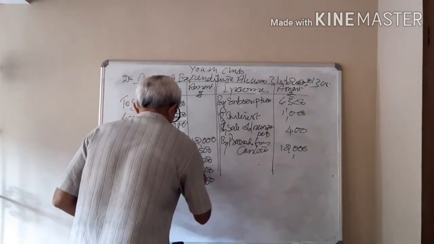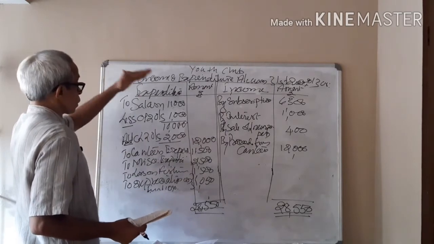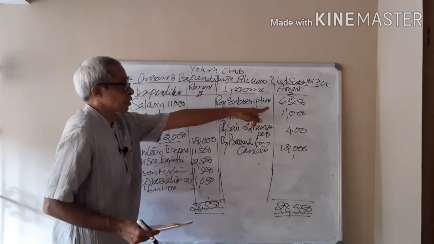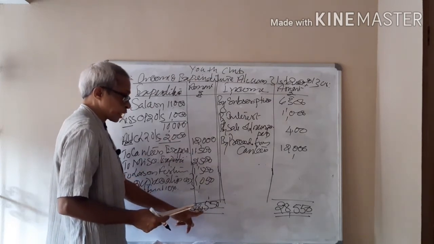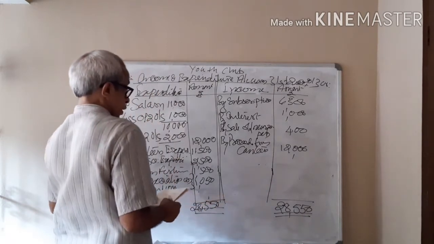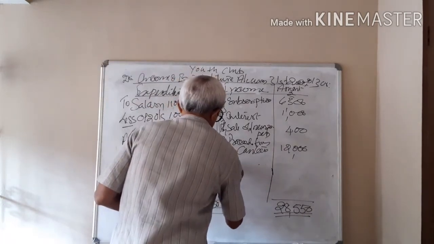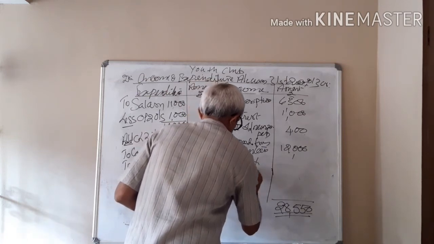Then we balance it. So here, when we total, the expenditure side is higher than the income side. So we total the expenditure side and the total is transferred to income side. Then we balance by the deficit is the balancing figure.